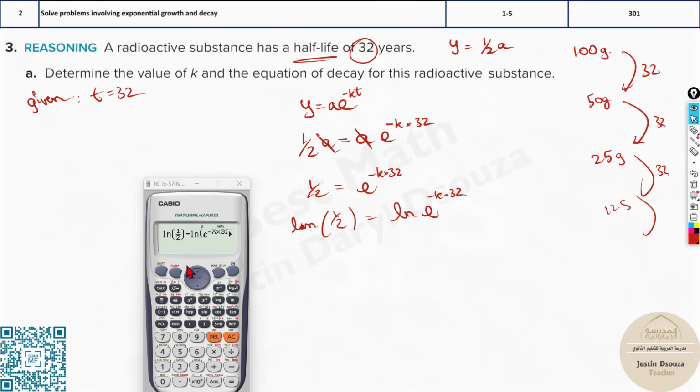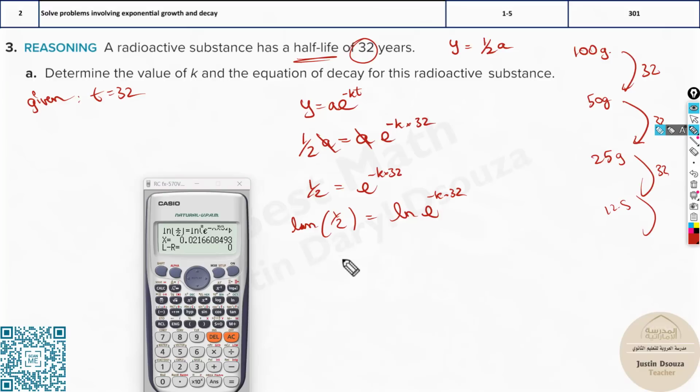I've substituted this equation: ln half equals natural logarithm e to the power minus k, where the k value is unknown and we are solving for it, so that's the x variable. Then the multiplication symbol and 32, and we can't press equal to, it will be a syntax error. Let's press shift and solve. This is the last answer which is saved, and the answer over here is 0.02166.